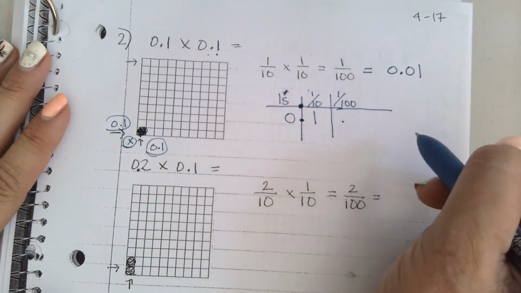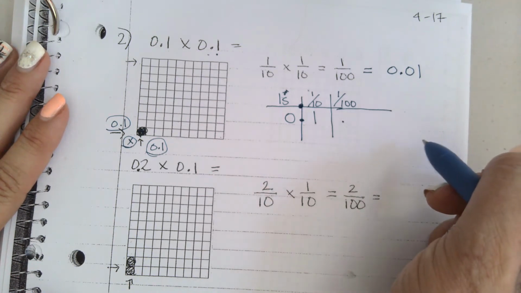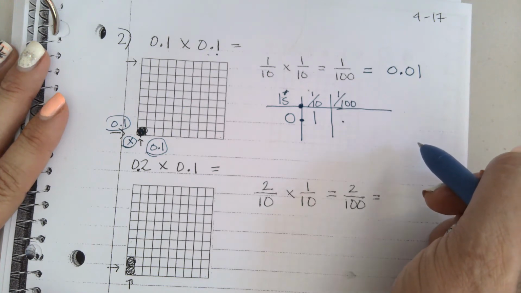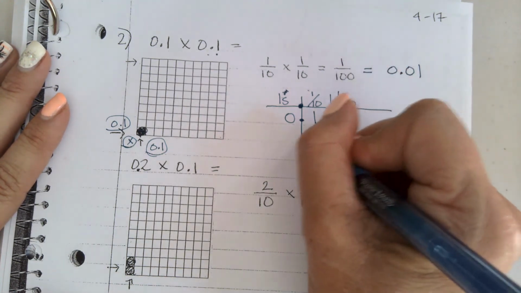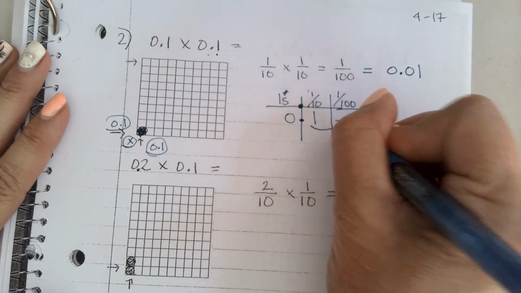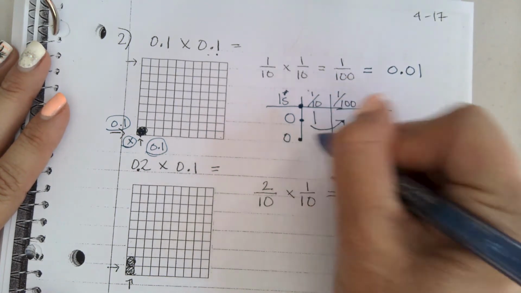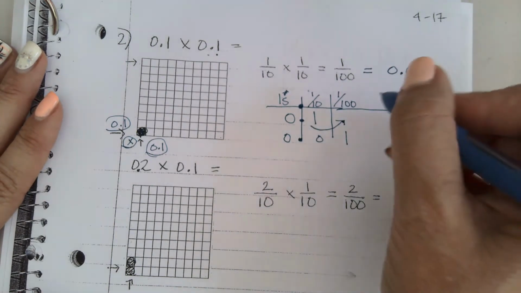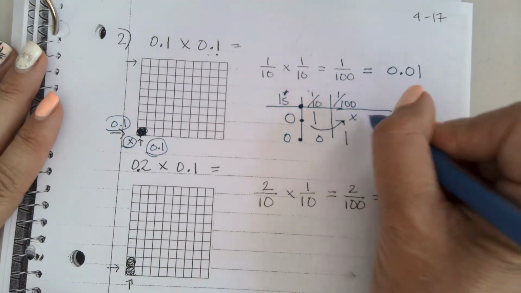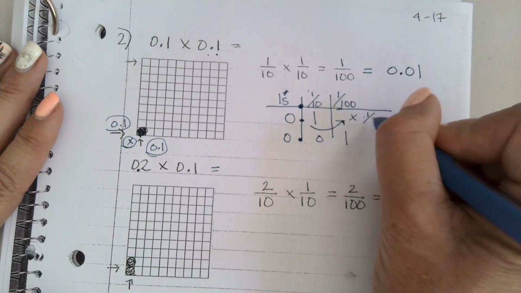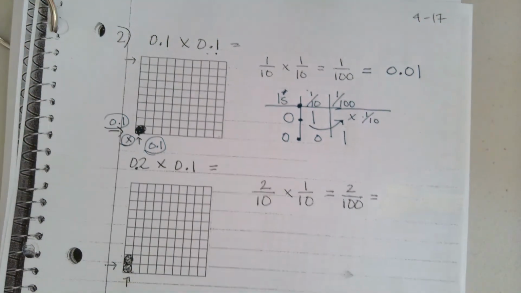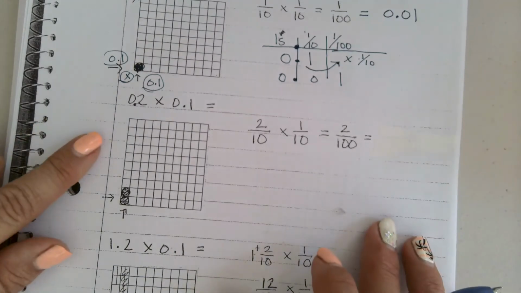So the answer is smaller than 1/10. It makes sense that the digit shifted to the right one place again because the answer even got smaller. So our 1's going to shift here, and our new answer becomes that, right? All right, so we're shifting again. All right, moving on to the next problem.